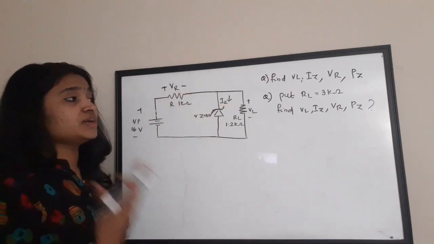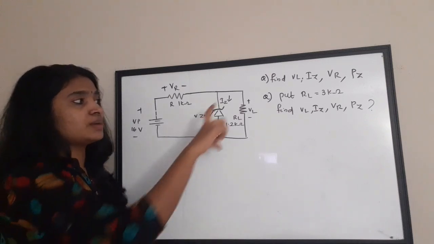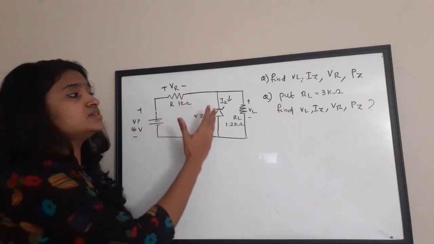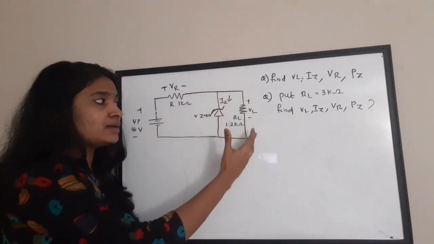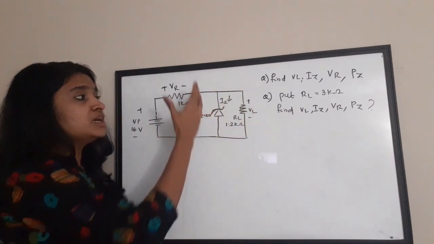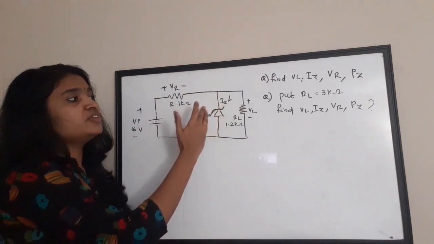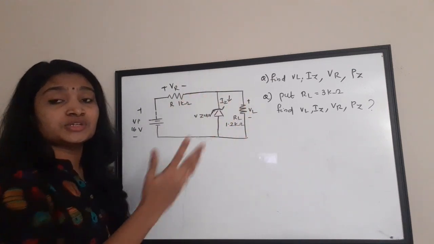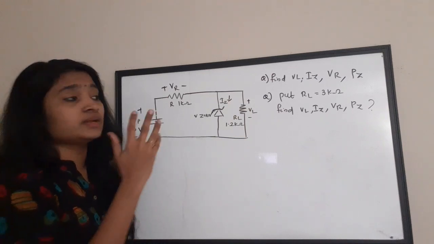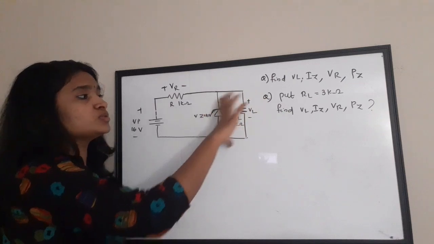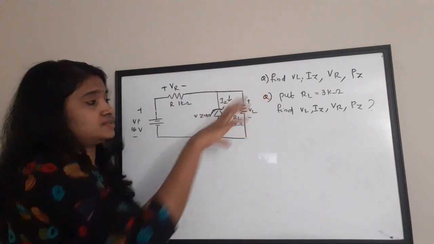First, let us try to find the voltage across this load resistor. We know that when the load resistor is connected in parallel with the Zener diode, the voltage across the diode will be equal. In a parallel connection, the voltage is the same, right? So whatever voltage is coming across the diode will also be seen across this resistor.